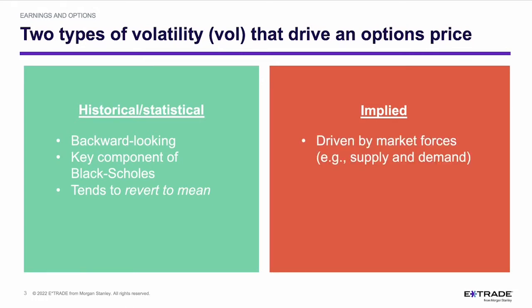Now, when it comes to implied volatility, this is really more forward-looking. It's driven by market forces. So if we're anticipating that earnings are coming up, and we know that this stock generally trades with a volatility of 30, and then we look at the options and say, wow, these are trading with a volatility of 40, that shouldn't be surprising.